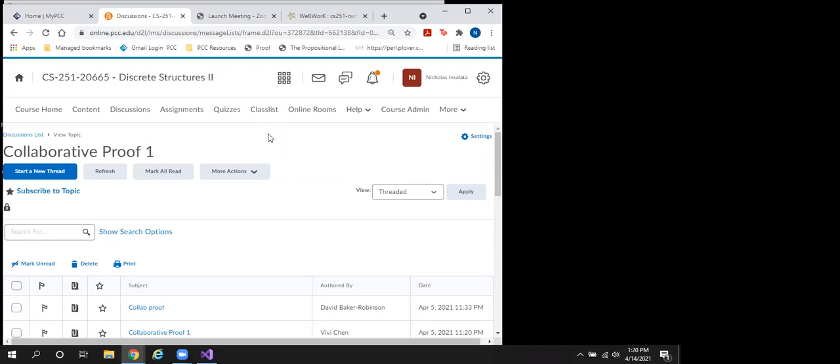All of you should be able to read someone else's proof and think through the logic and say, hey, does this make sense or does this not make sense, right? That was part of my intent with these collaborative proofs, that you'll be reading other people's proofs without knowing if they're good or not, and be able to judge them and figure out, does this make sense? Is this something I believe or not?